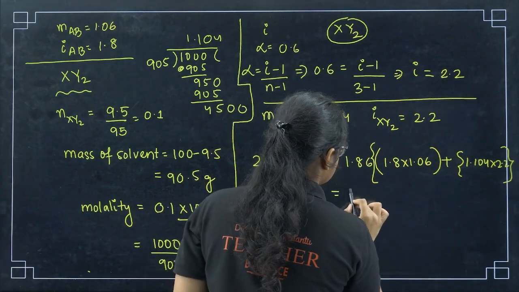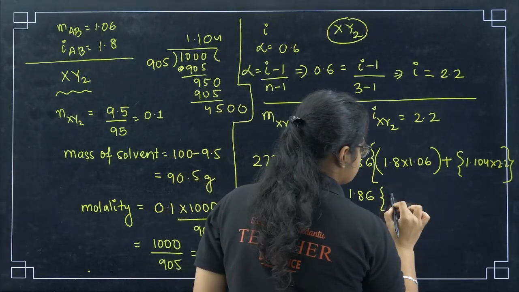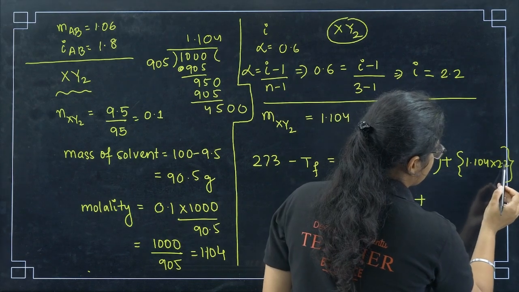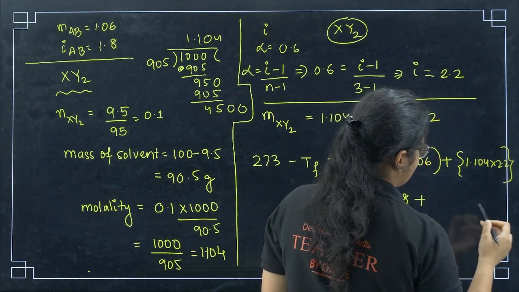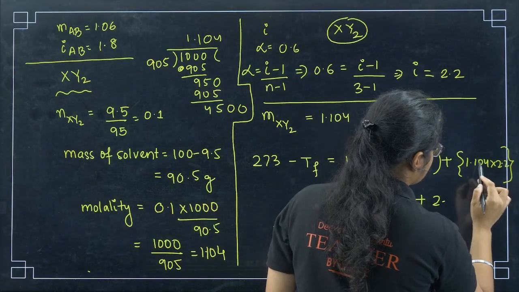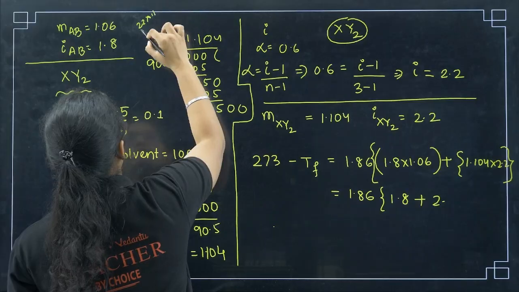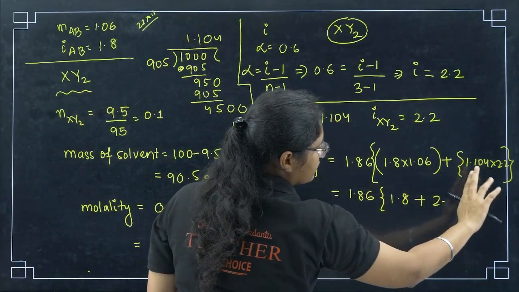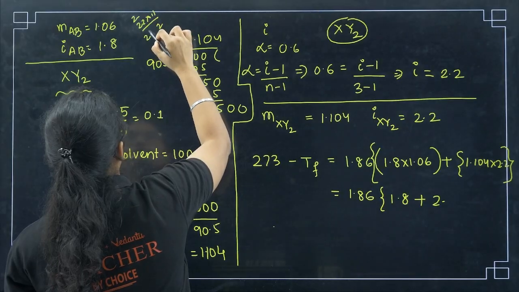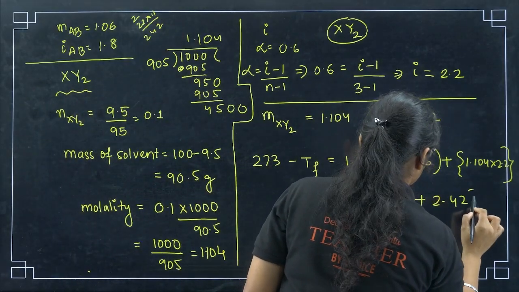Now if I solve this, 1.86 I can almost approximate as 1.8, plus I can just write 22 into 11, so that means 2.32, right? Wait, 22 into 11 I have to do. Just let me check this calculation. I'm taking it as 1.1 only, okay? So 11 twos are 22, 22 plus 2 is 242, right? So with 2 decimal places, 2.42, okay?